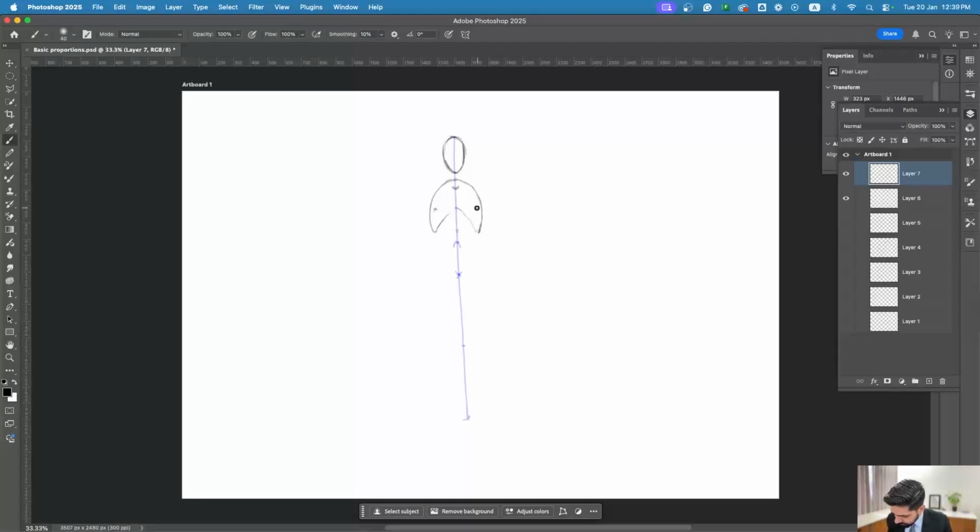Now, see, these two are the nipple points. So what we'll do is we'll come down here, right? Because this is an important marker, important indicator.